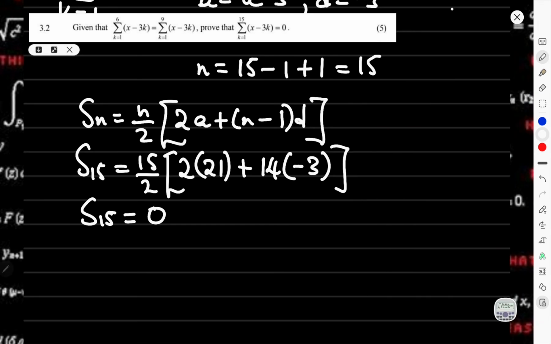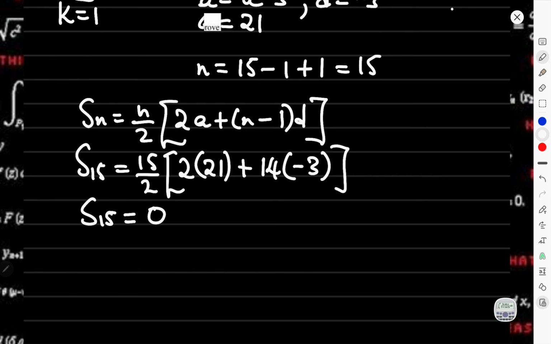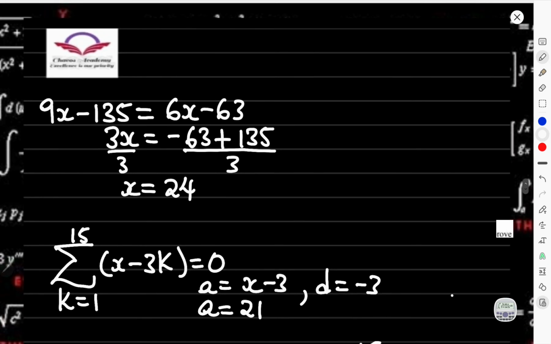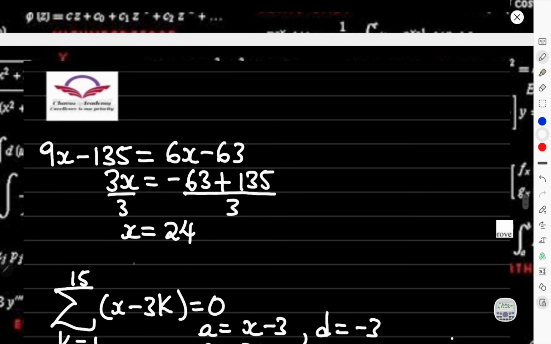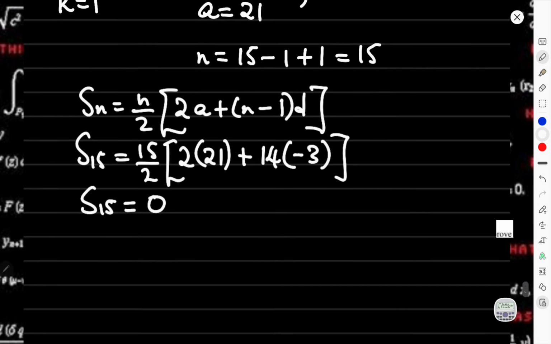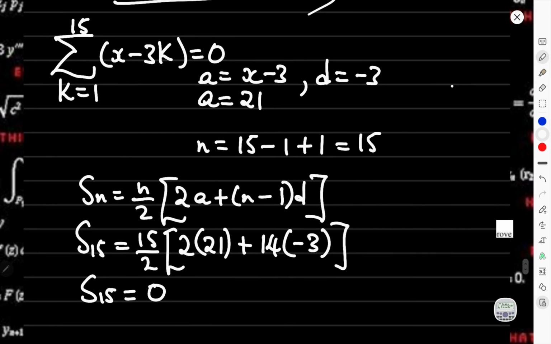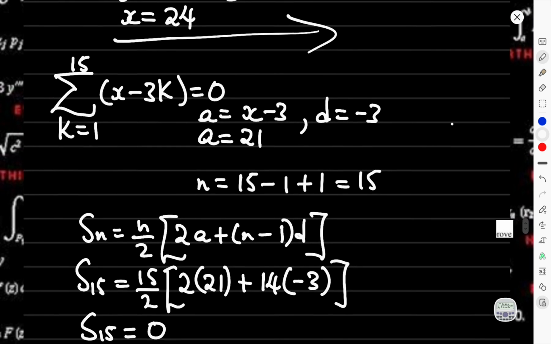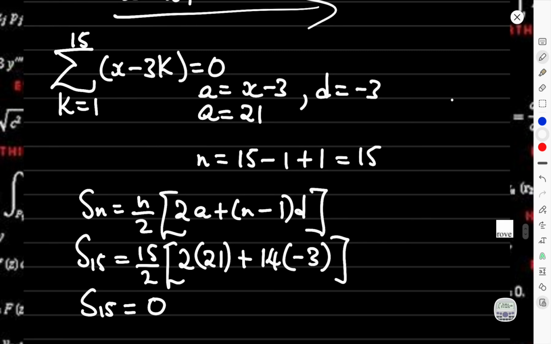One had to realize that, firstly, you had to solve for x until you got x to be 24. After that, you substitute where there's x. A was x minus 3, and where there was x, you replace by 24 to get 21, and you go on and prove what you were required to prove.